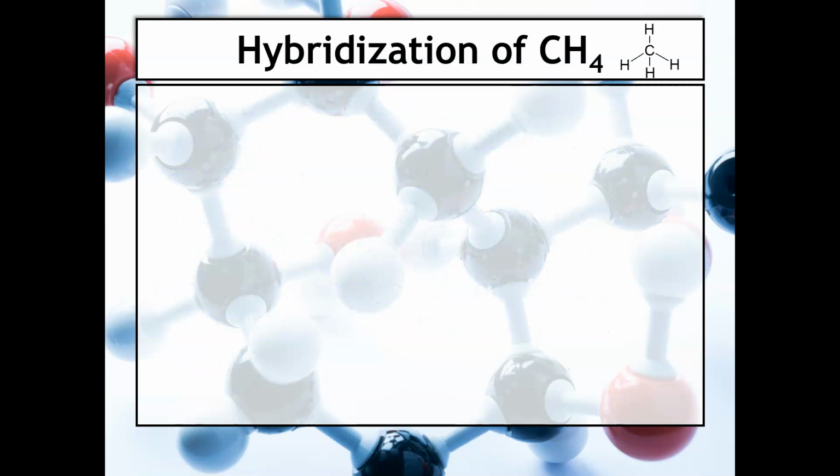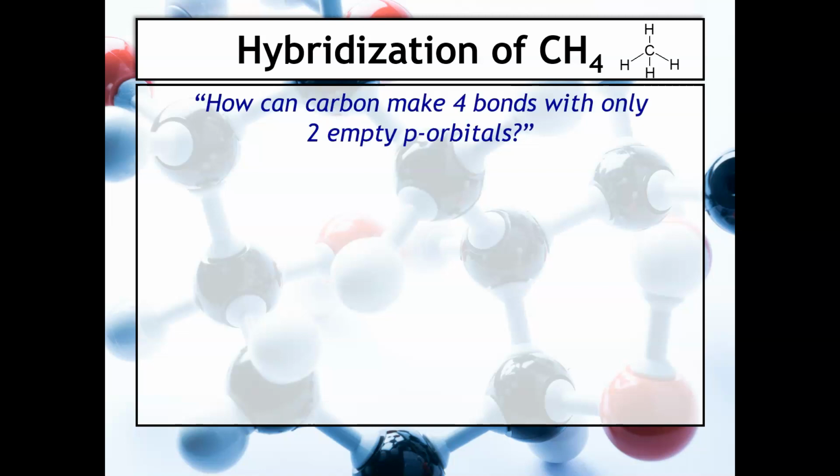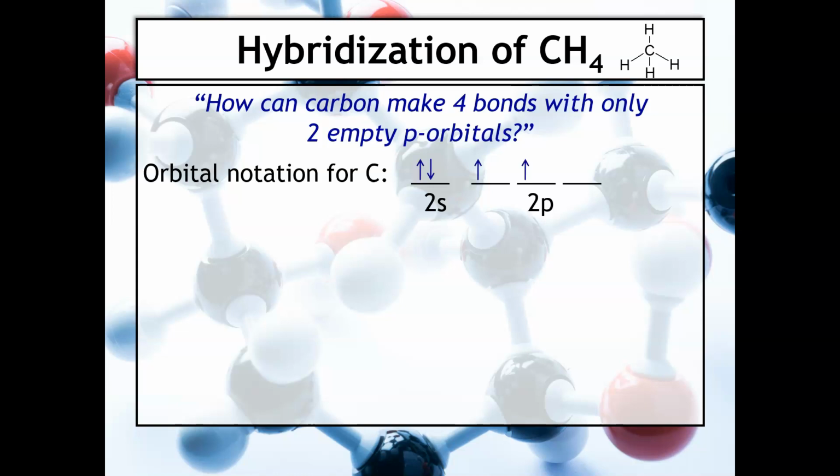For example, we all know that the carbon atom has the electron configuration of 2s and then 2p with 2 electrons in it. And so my question to you is, how can carbon make 4 bonds when it only has 2 empty p orbitals?